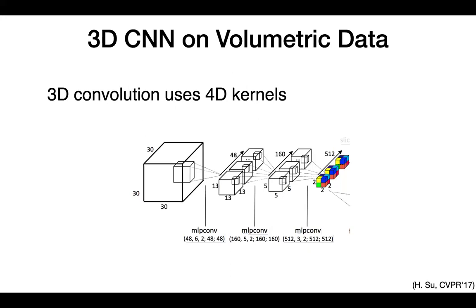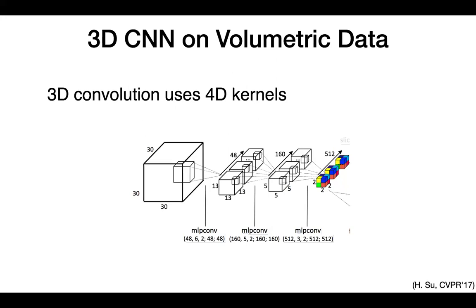So in this example, we have an input voxel grid, 30 by 30 by 30. And then here we have three layers. In here we have just one piece of information, that's the occupancy, and then we design, in that case, several filters, 48 filters that are 13 by 13 by 13, and then we apply this convolution operator and keep going.